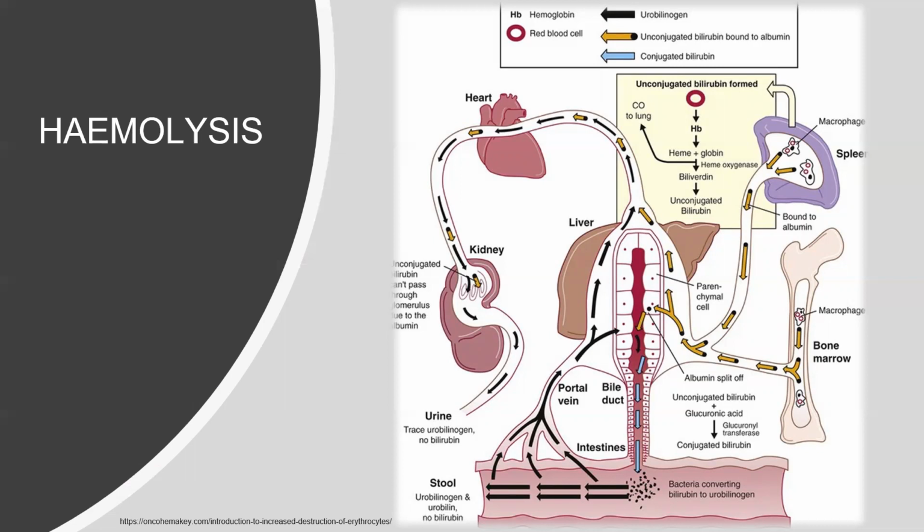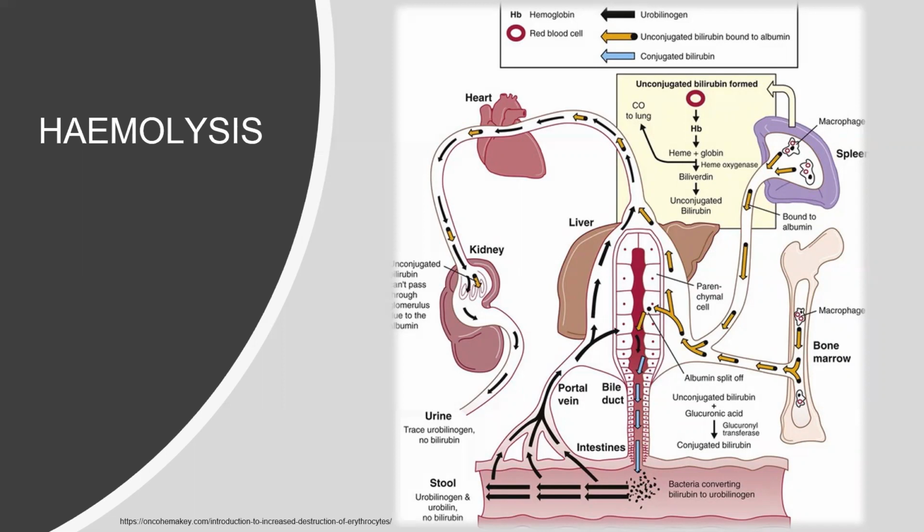But since it is water soluble, some conjugated bilirubin and urobilinogen are absorbed from the intestines and can be detected in the plasma. Then they go to the kidneys and are excreted by the kidneys, which gives the urine its yellow color.